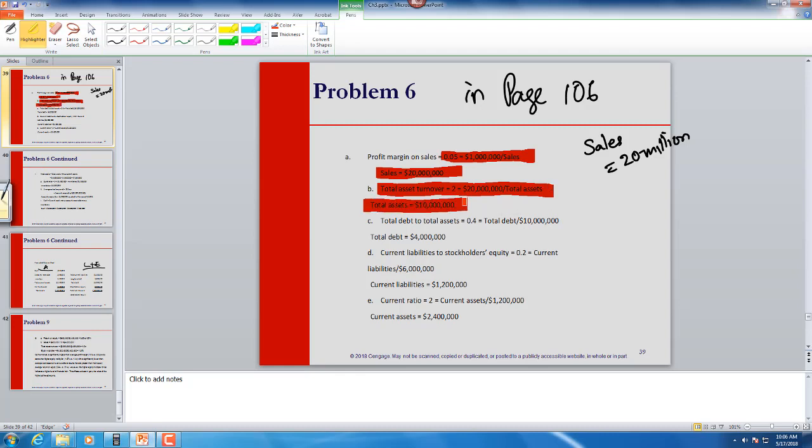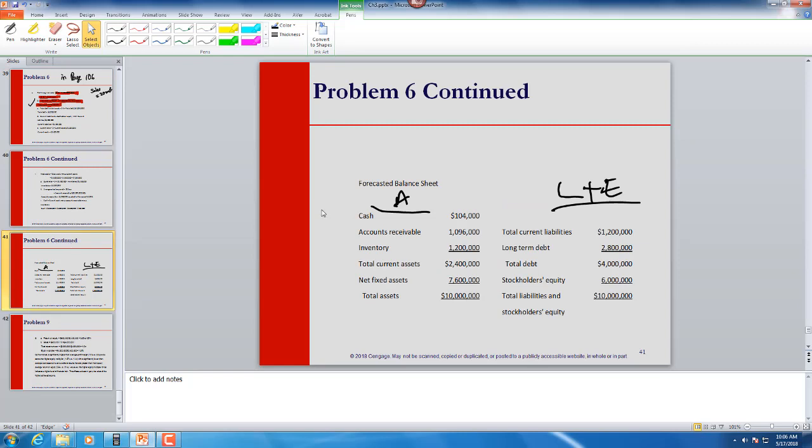So we got our first real number for the balance sheet here. Immediately, the first thing we need to do is go to the balance sheet and plug it in. So let's go here. Total assets, 10 million.